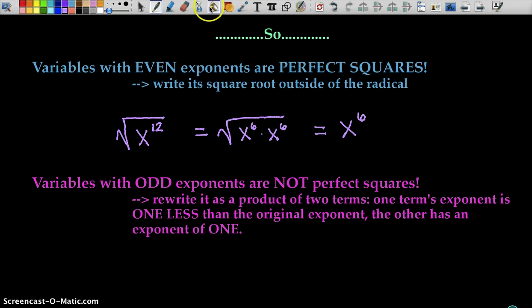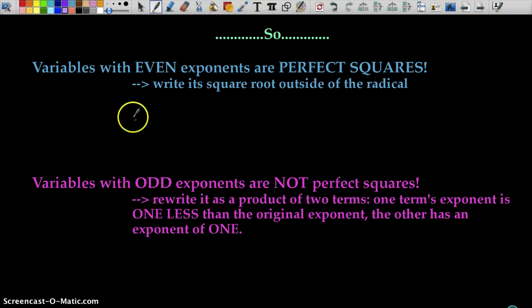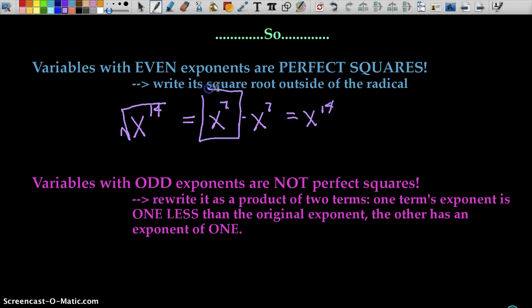Pretty simple. The same thing would apply if I had x to the 14th and I wanted the square root. What times itself would give you 14? It would be x to the 7th, because if you multiplied those, you would get x to the 14th. So this would be your answer, x to the 7th.